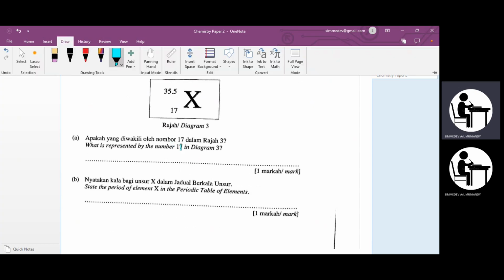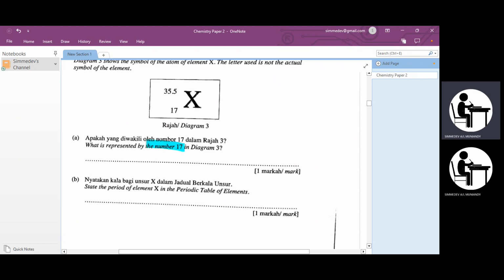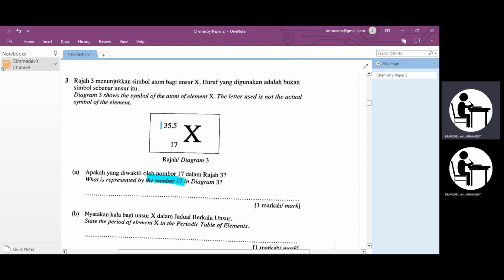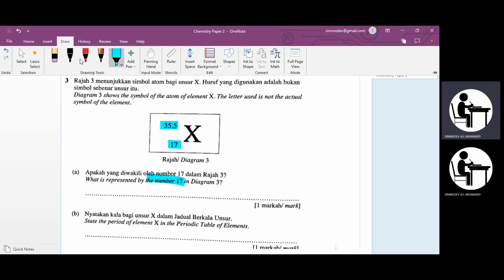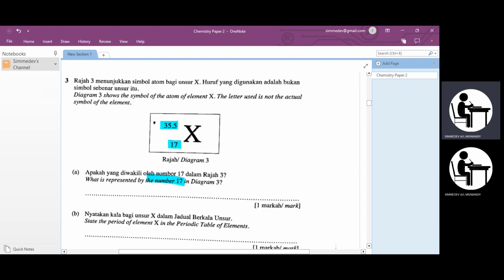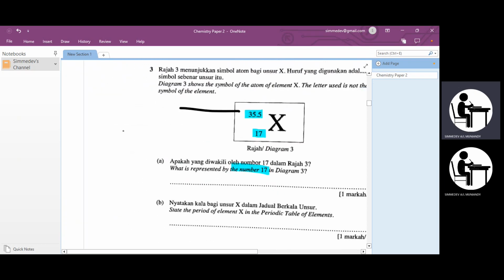What is represented by the number 17 in diagram 3? So we are looking at three numbers in the standard representation of an atom. If you have already learned the periodic table of elements, chapter 4, Form 4 chemistry, you would know that this number is the nucleon number of any atom.